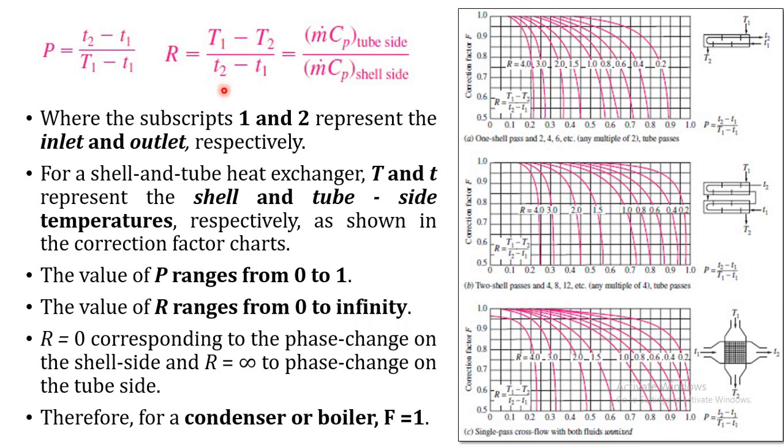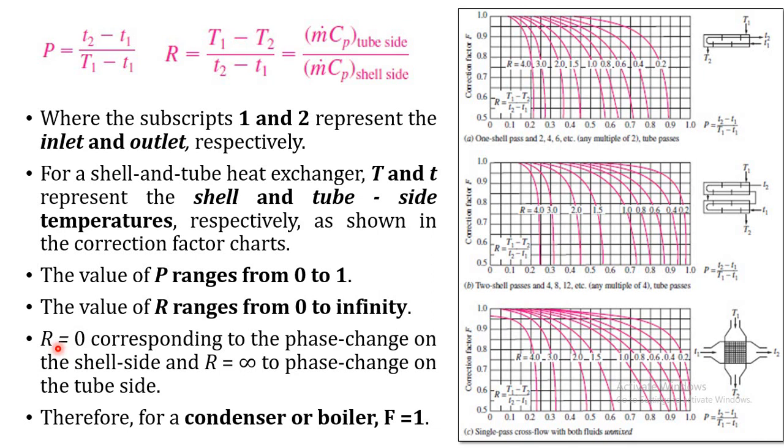This happens in the case of a phase change process, that is, in a condenser, a boiler or an evaporator, where one fluid undergoes phase change. If the fluid on the shell side experiences phase change, its temperature will not change, that is, T1 minus T2 is equal to 0.